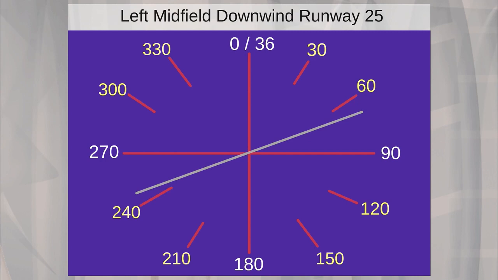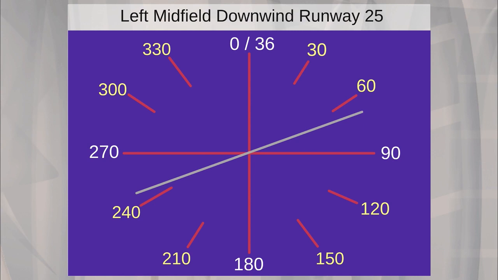So which way would we be landing to have the compass be heading 250? Where would the numbers be located on the runway to say 250? Well, believe it or not, they'd be down here by the 60, right? Or 070, which is where we said the other end of our runway would be.